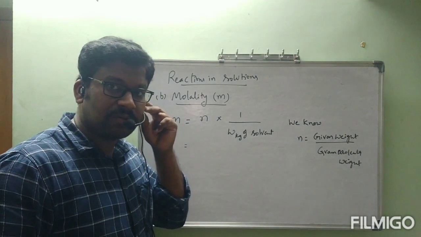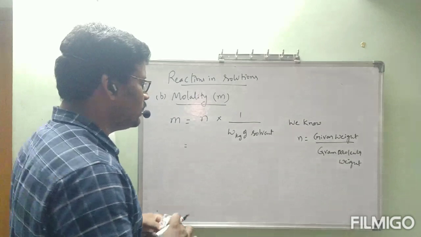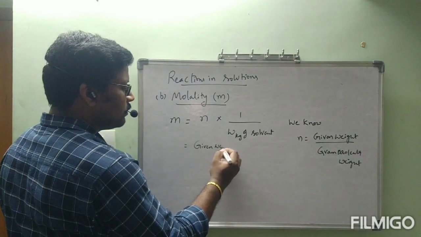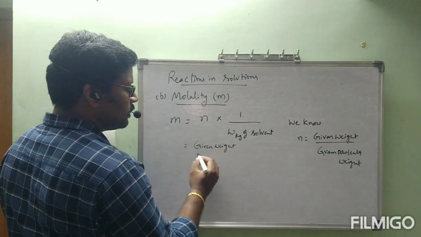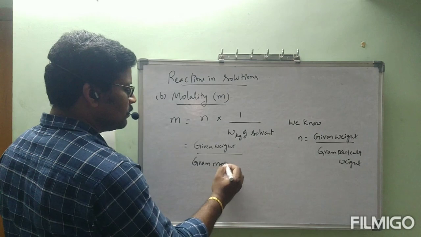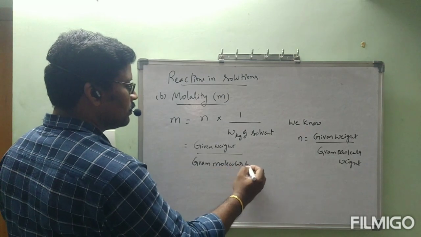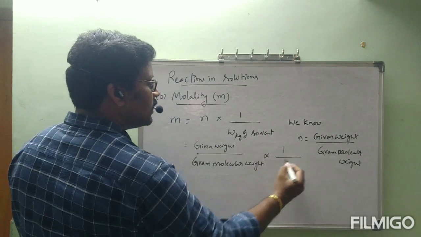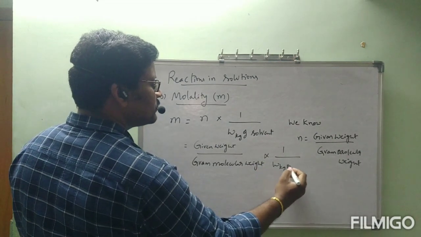Both belong to solute only. Okay, now what is n? Given weight divided by gram molecular weight, into 1 by W kilograms of solvent.